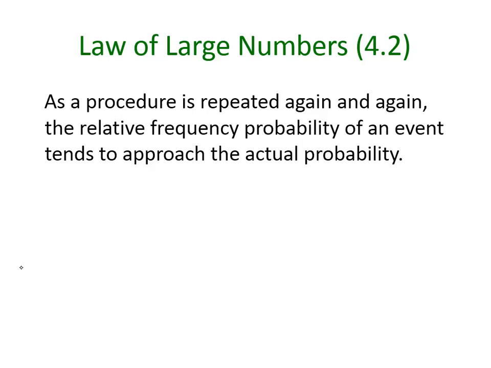If I had you each do it 100 times, so that we had 900 flips, we're going to be getting closer to the true probability of 1/2. If I had each of you do it 1,000 times, so that we had 9,000 flips, again, it's going to get closer and closer.